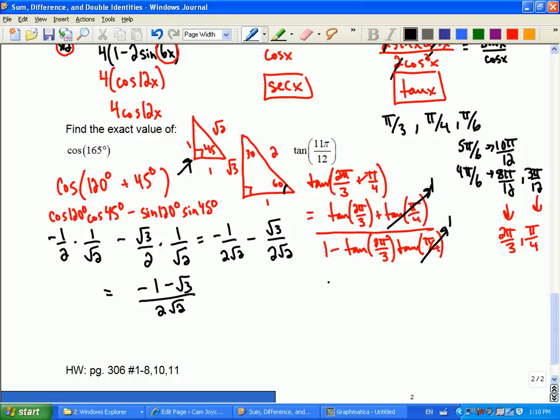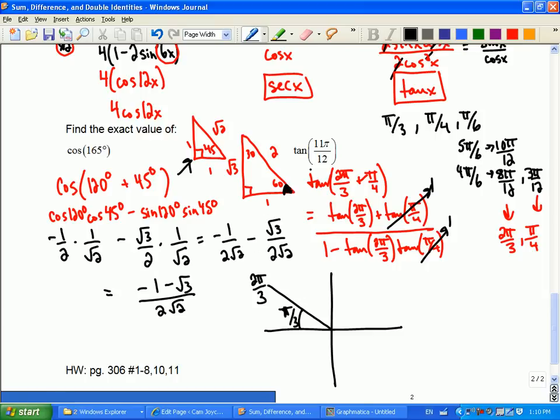It's probably not a bad place to do a little review. 2 pi over 3 is over here. Pi over 3 is the reference angle. So will tangent be positive or negative when I'm done? Yeah, it's a negative in quadrant 2. The reference angle pi over 3 is 60 degrees. That's this one.